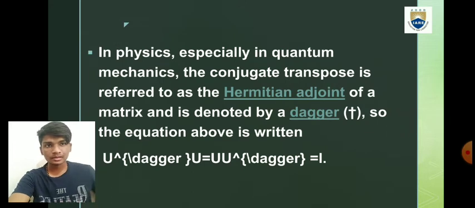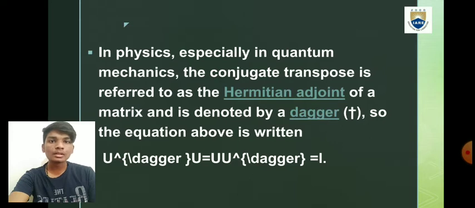In physics, especially in quantum mechanics, the conjugate transpose is referred to as the Hermitian adjoint of a matrix, and it is denoted by a dagger, which is like a plus symbol. So the equation above is written U dagger into U, that is U into U dagger, that is I, where I is the identity matrix.